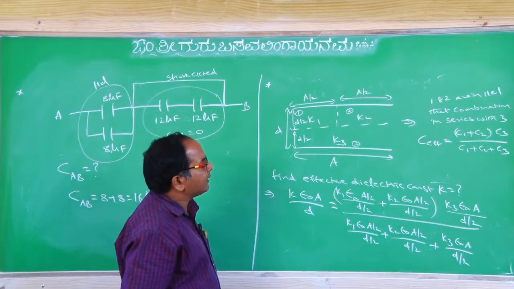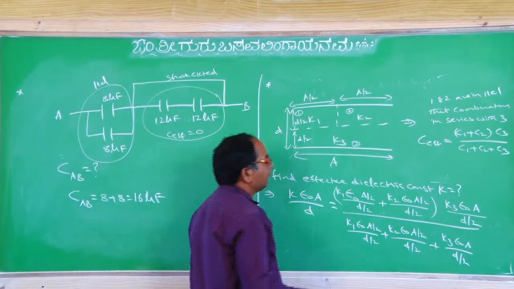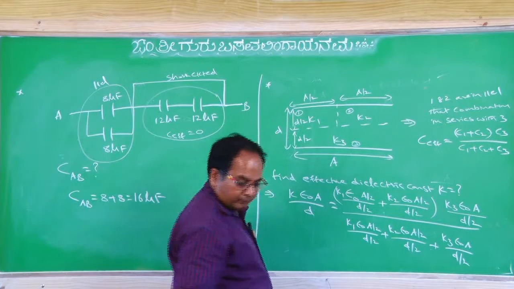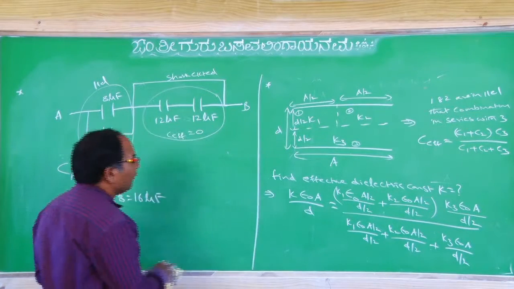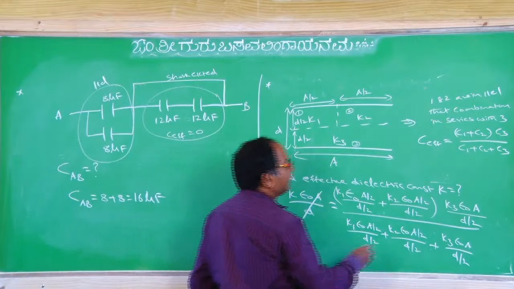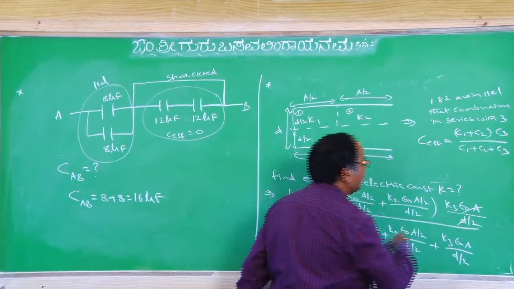Okay, so what is the common term? This epsilon naught A by D, this epsilon naught A by D cancel.